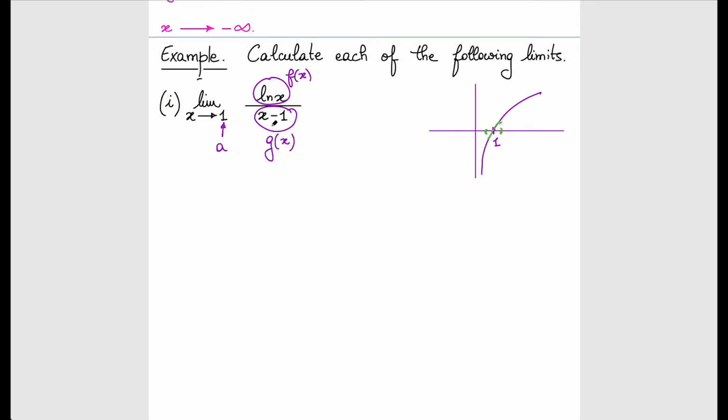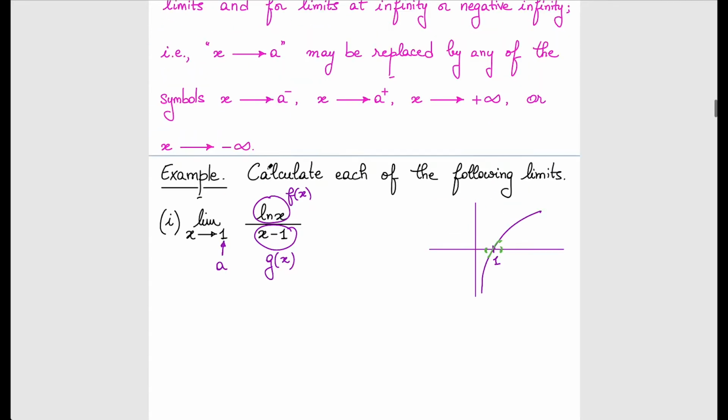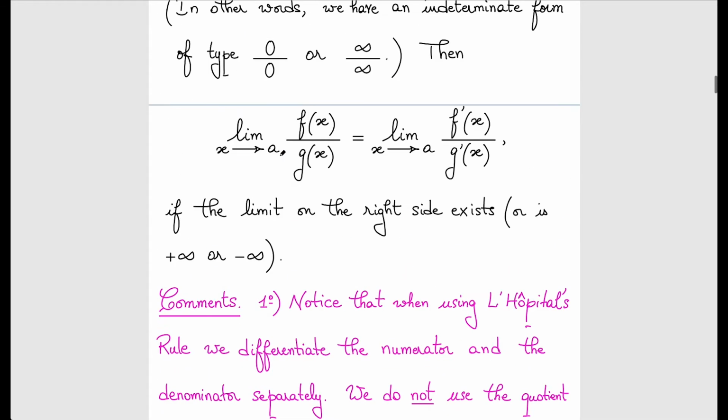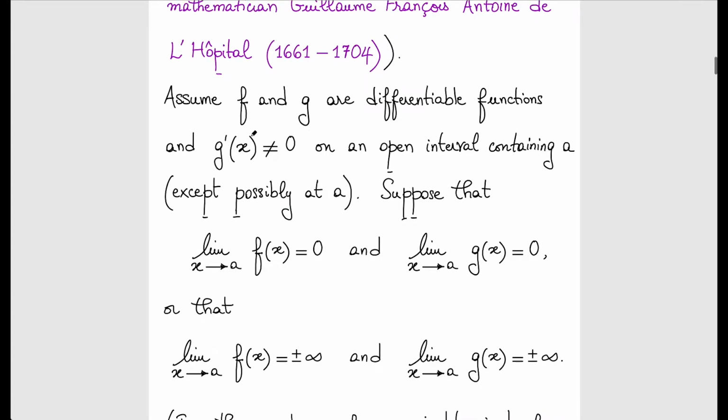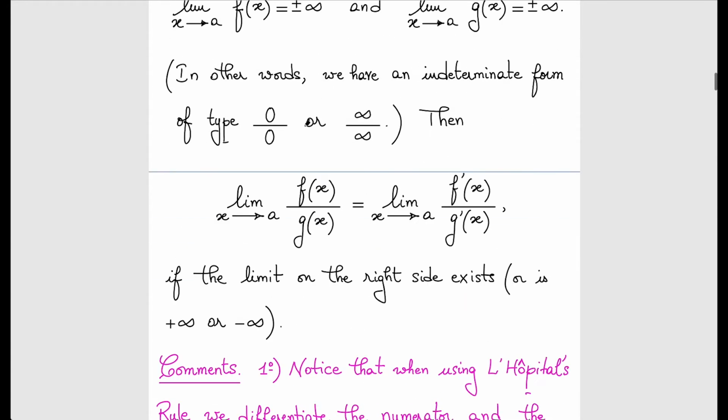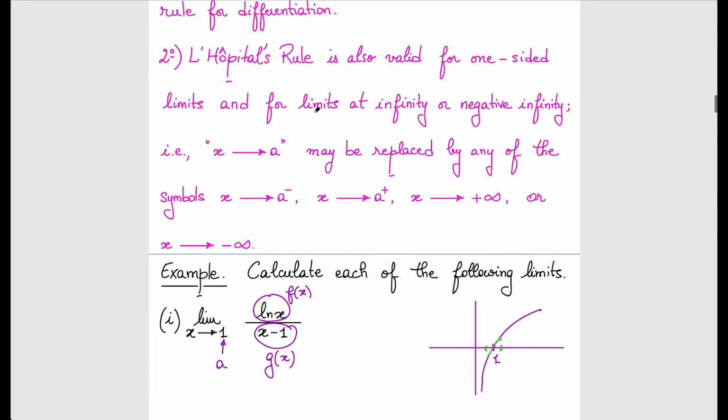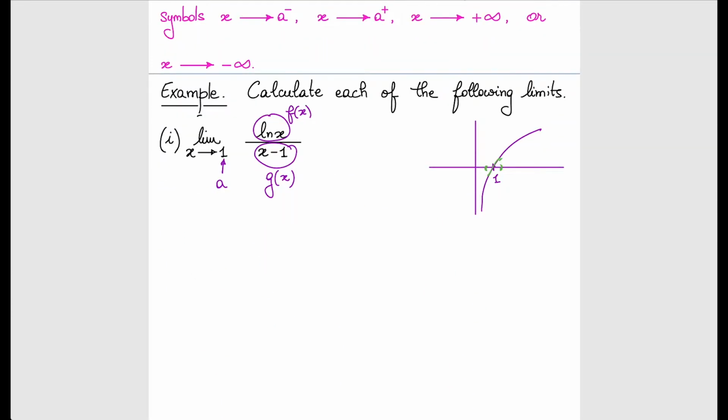In particular, it's differentiable in a neighborhood containing 1. And this is 0 at and only at 1, and that's okay according to the formula. Except possibly at this number a, you're allowed to have failure of such a condition, correct? So the conditions of L'Hopital's rule are verified, and as such we can employ it.